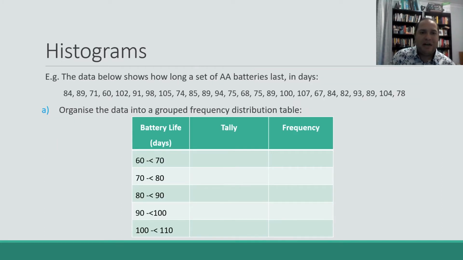Alright, so we've got some data here showing how long a set of A4 batteries last in days, and we have to organize this data into a grouped frequency distribution table. In our grouped frequency distribution table, we basically have our range, and we'll just tally the number of data points that fit into each row.